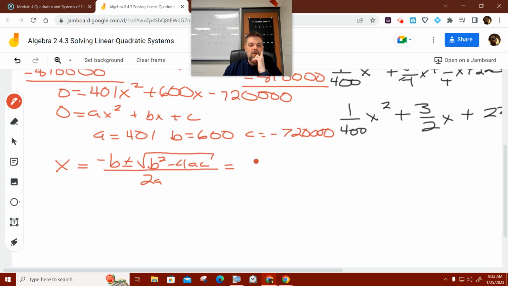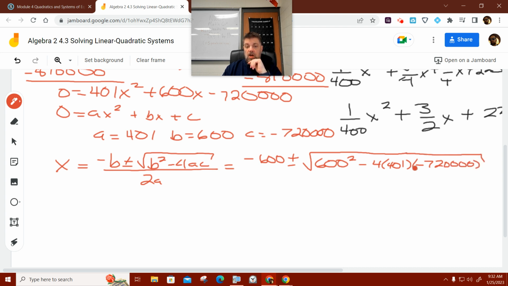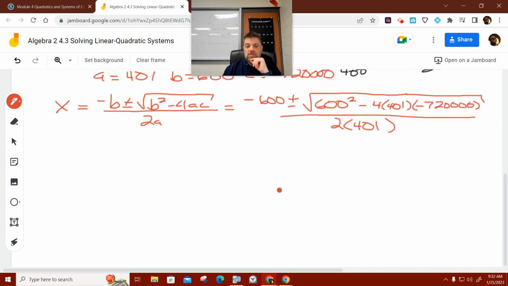In other words, that's going to equal negative b, which is negative 600, plus or minus the square root of 600 squared minus 4 times a, which is 401, times c, which is negative 720,000, all over 2 times a, which would be 2 times 401.